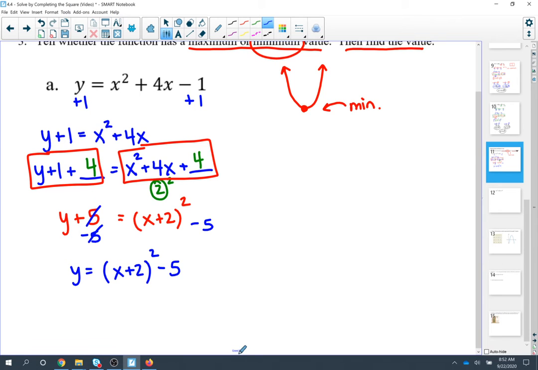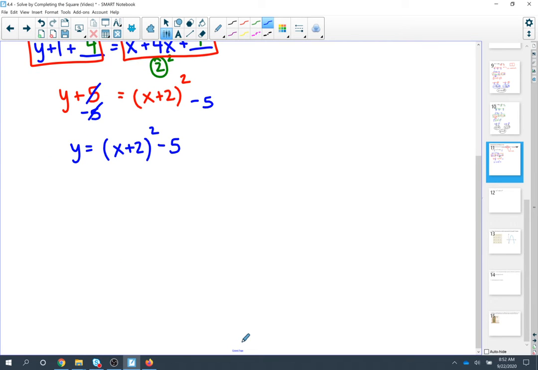Now that we have it in this form, and we did this by completing the square, we can find our vertex. This is vertex form. And remember, transformations tell us that this is going to move to the left 2, and the negative 5 is going to move it down 5. So our vertex is at negative 2, comma negative 5.